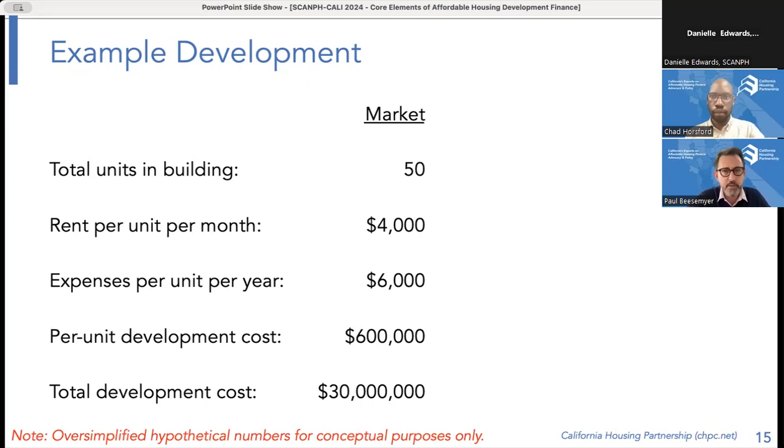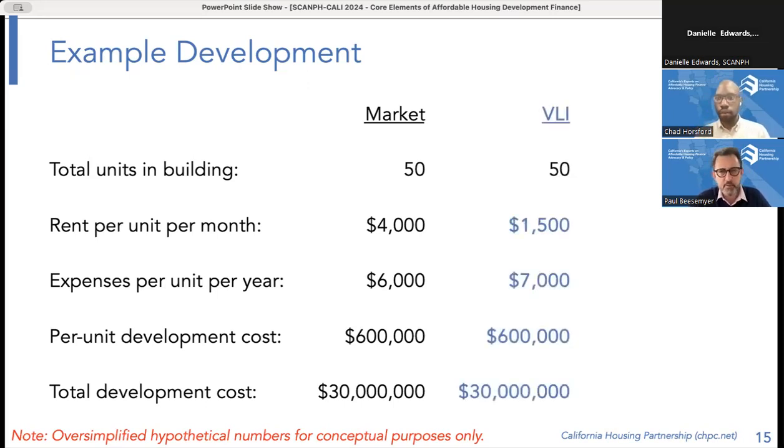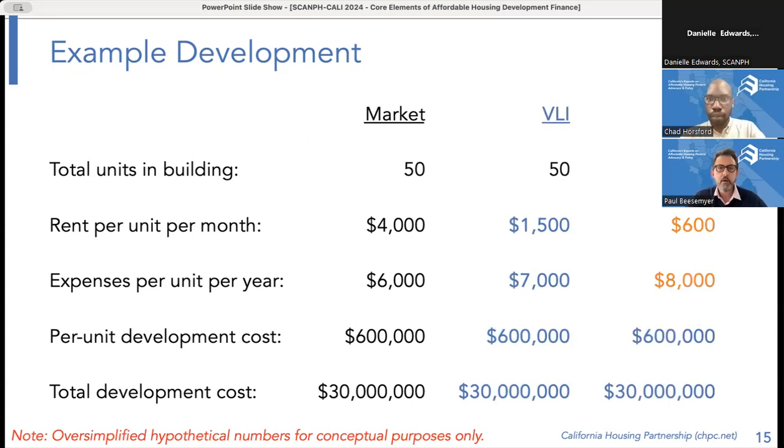So could we have the next one, Chad? And maybe the next one too. Thank you. So we want to take the same theoretical development, and I should say, really a market rate development. No market rate developer, for the large folks anyway, are going out and building 50-unit multifamily properties. They're building hundreds of units at a time because there is economy of scale to be gained there.